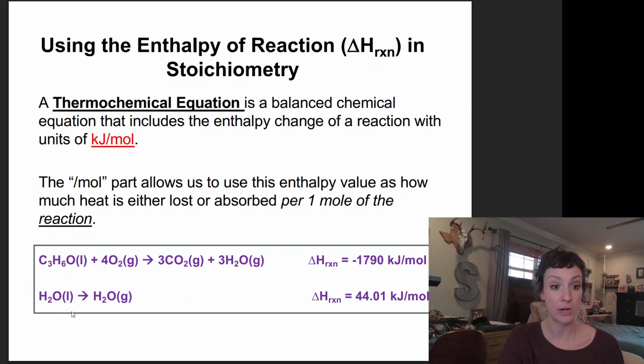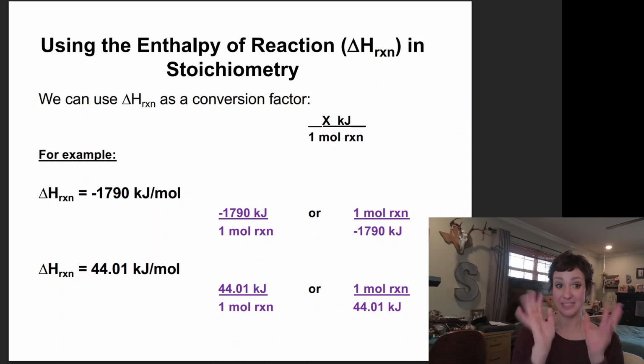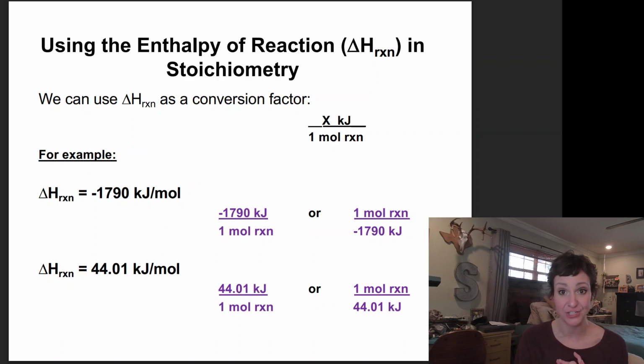Here is water changing phase from a liquid to a gas. This process here is a positive number, which means it's endothermic. But for every one of these processes, or every 1 mole of this process, it will absorb 44.01 kilojoules. So what does this mean in terms of stoichiometry? That split unit means a lot. Whenever I have something that is a split unit, I can use that as a conversion factor.